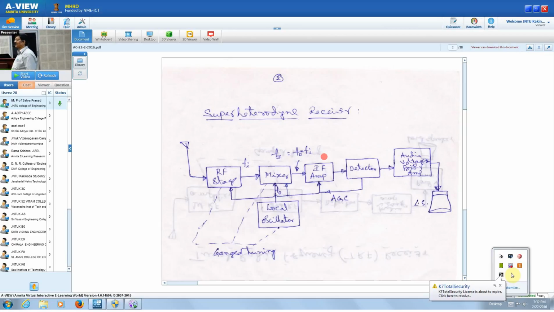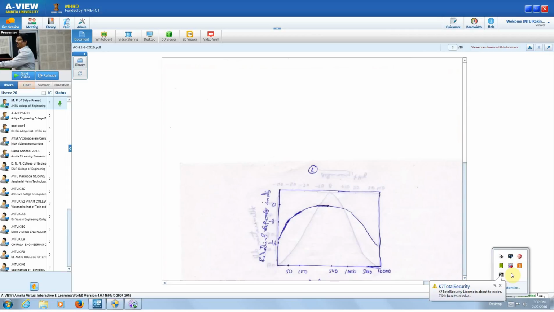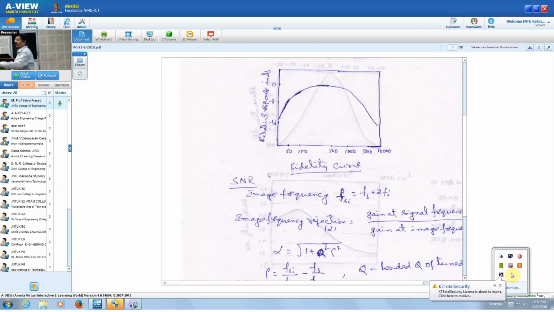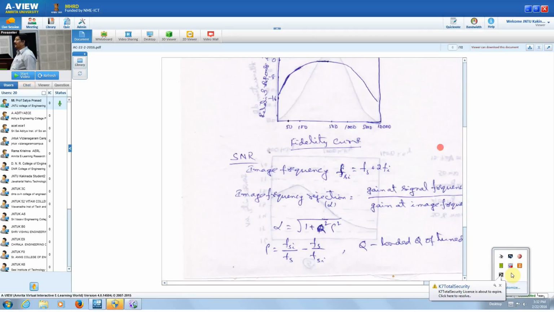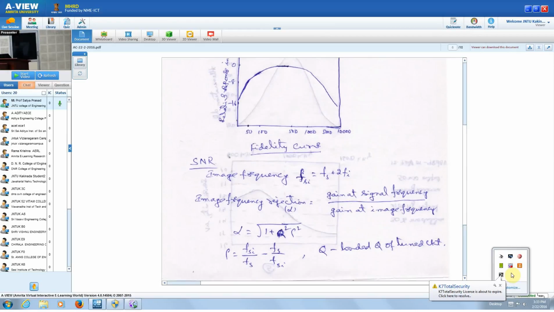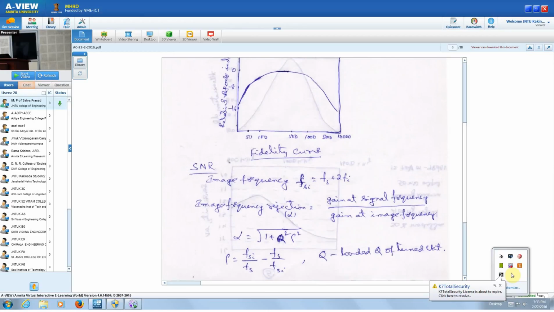Now for the fluctuations, we are not using the same frequency that we have got.